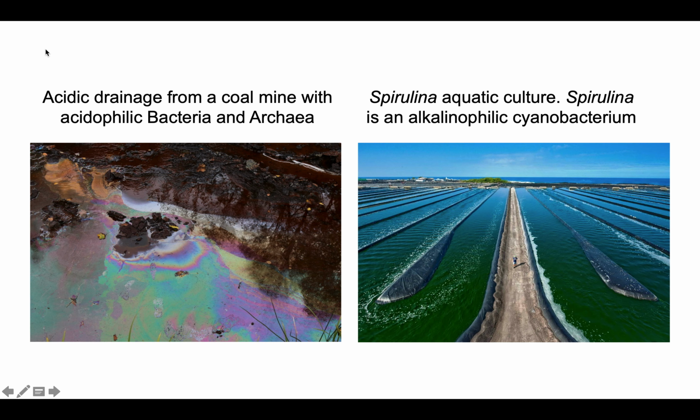So anyhow, here's an example. Here's an example of acidic drainage from a coal mine where you see acidic bacteria and archaea. And again, this is a spirulina aquatic culture. All right, spirulina is a photosynthetic bacterium that grows in alkaline conditions. And spirulina has actually been found to be very nutritious.